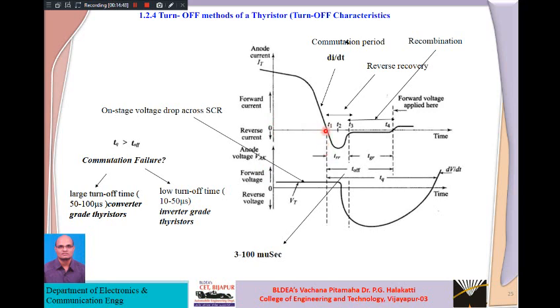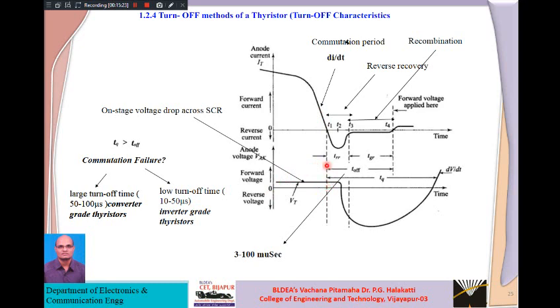From 0 to just before t1, the on state voltage drop across the SCR, that is VT, is just a breakover voltage. Voltage drop is very less for the SCR because it is still conducting the anode current. It is decreasing, but still anode current will be there. I am talking about the instant from 0 to just before T1.